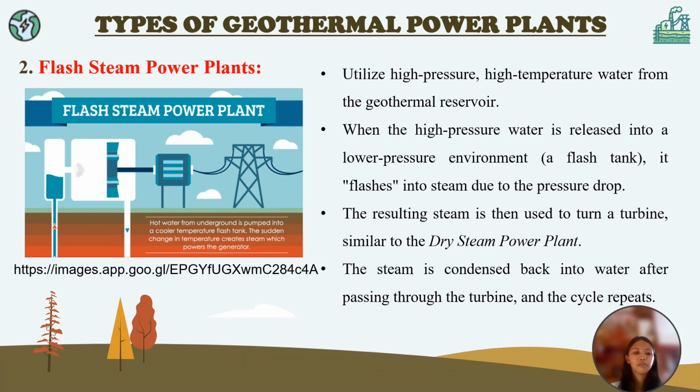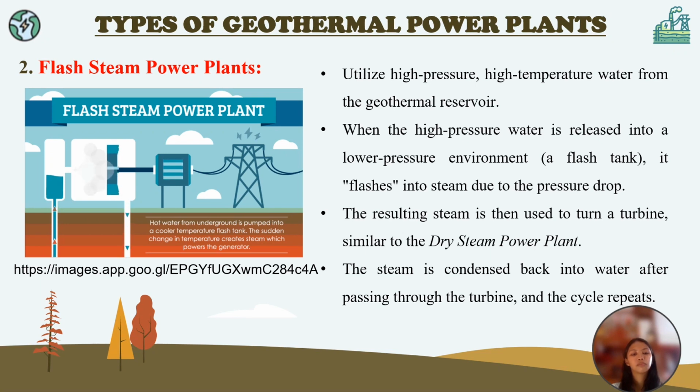So the working principle of this power plant type can be seen at the left side of our presentation. So production well to the flash tank, then to the turbine. The turbine will rotate as well as the generator. Then the mechanical energy from the generator produced here will be converted into electrical energy for power generation.